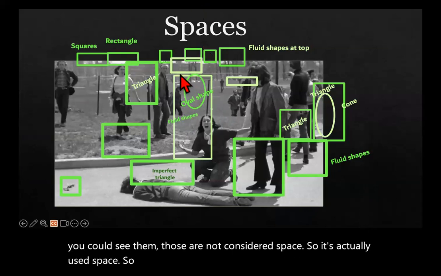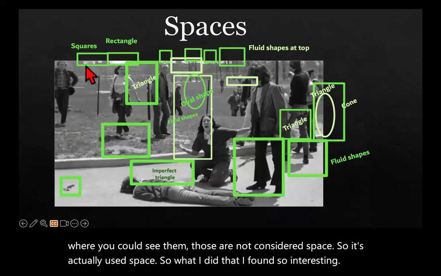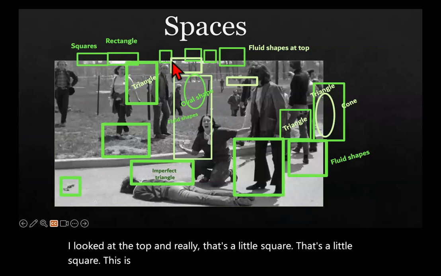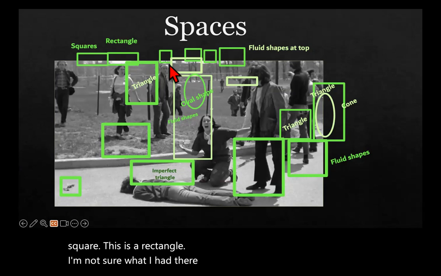What I found so interesting is that I looked at the top, and that's a little square, that's a little square, and this is a rectangle. I'm not sure what I had there. I kind of covered it up and I can't click on it without going out.